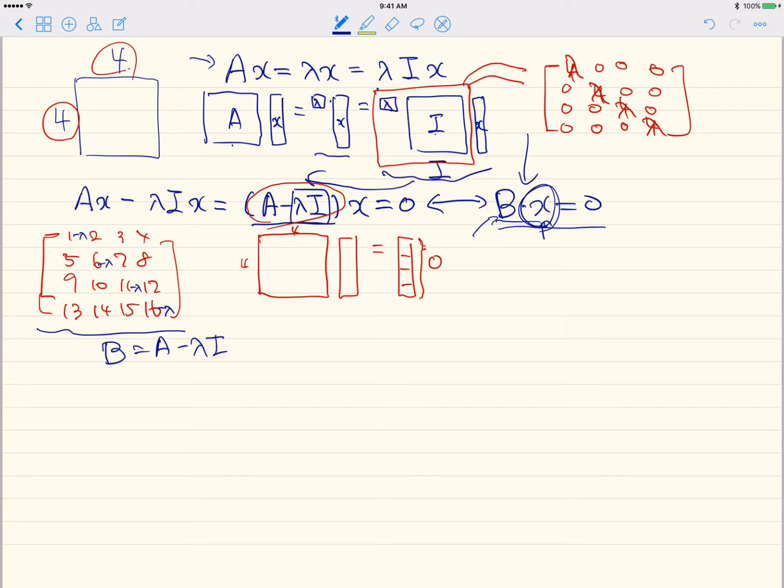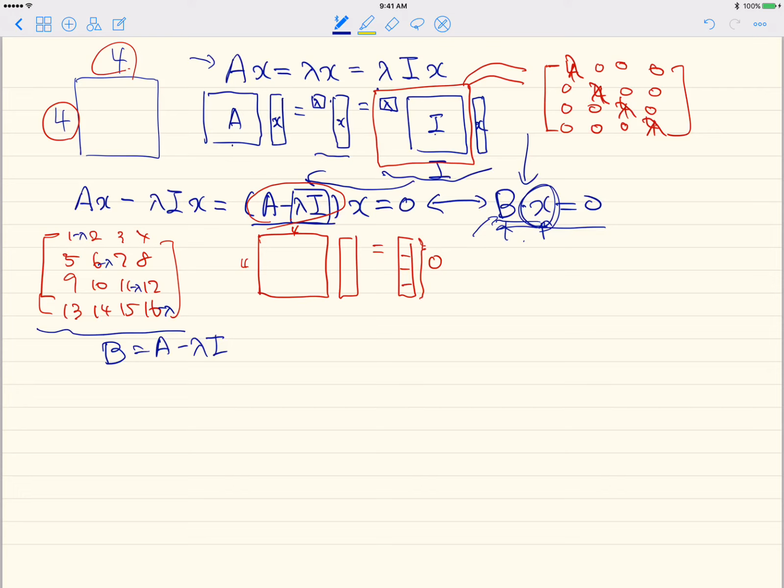In this case, we call that a homogeneous linear system. If B has linearly independent columns, which means B has no free variable, then the vector x should always be only the 0 vector.